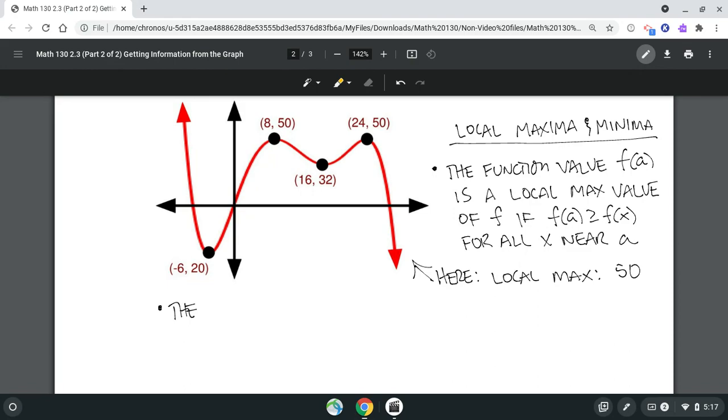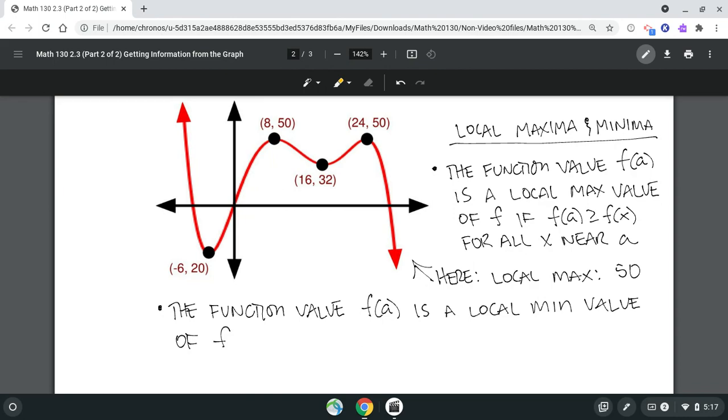Okay, so the function value f of a, remember f of a is a y value, is a local minimum value of the function f if this y value is less than or equal to f of x for all x near a.